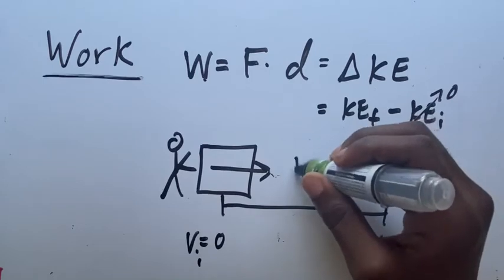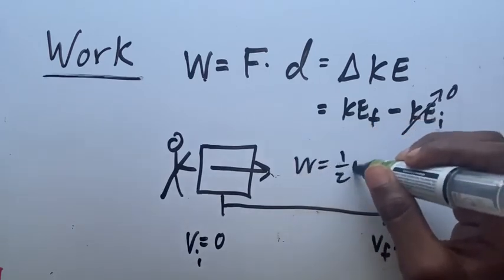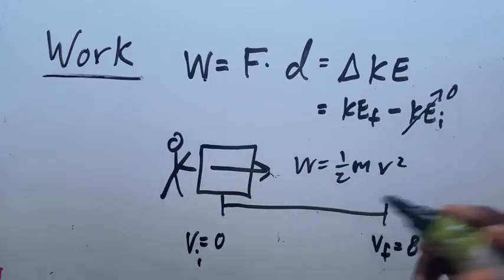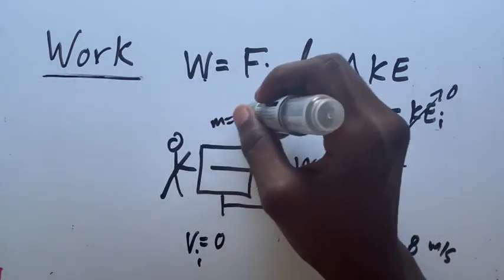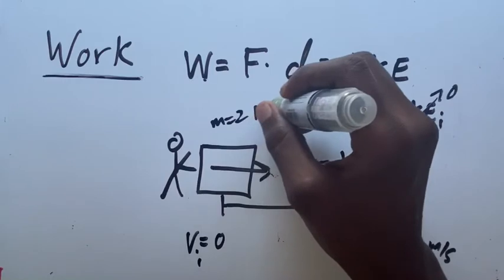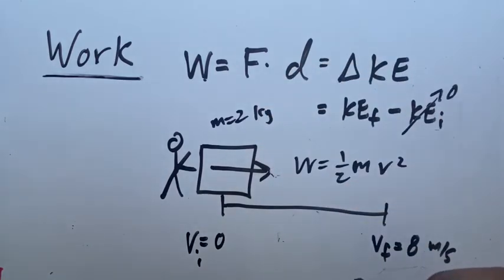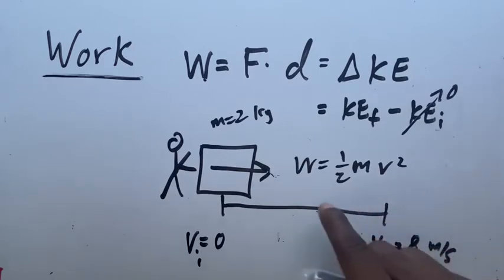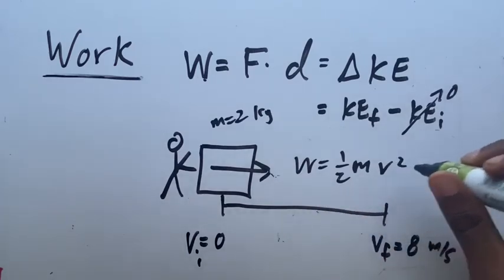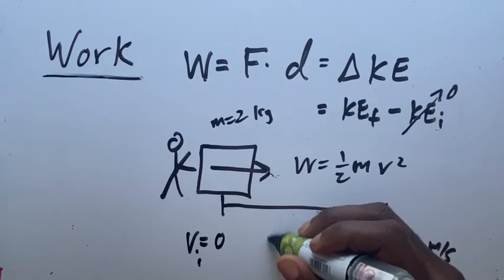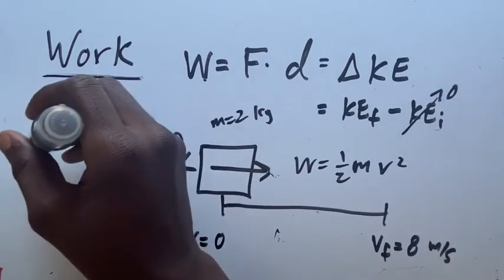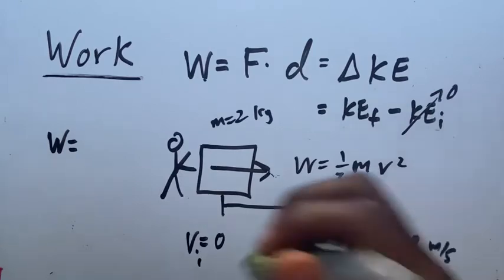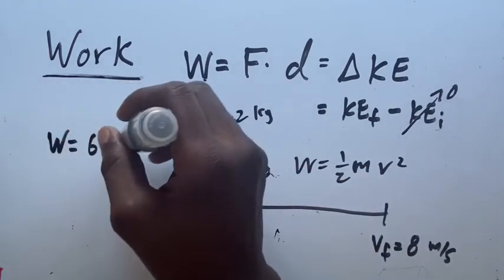So here the work is going to be 1/2 mv squared, where the mass, let's say, is equal to 2 kilograms for that box. So it's going to be 2 times 8 times 8, and cut it in half. Well, then the work is going to be equal to 64 joules.